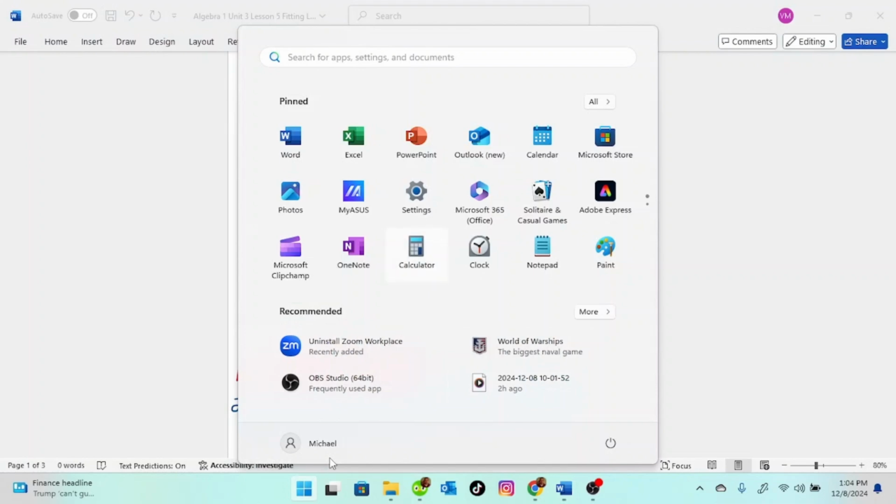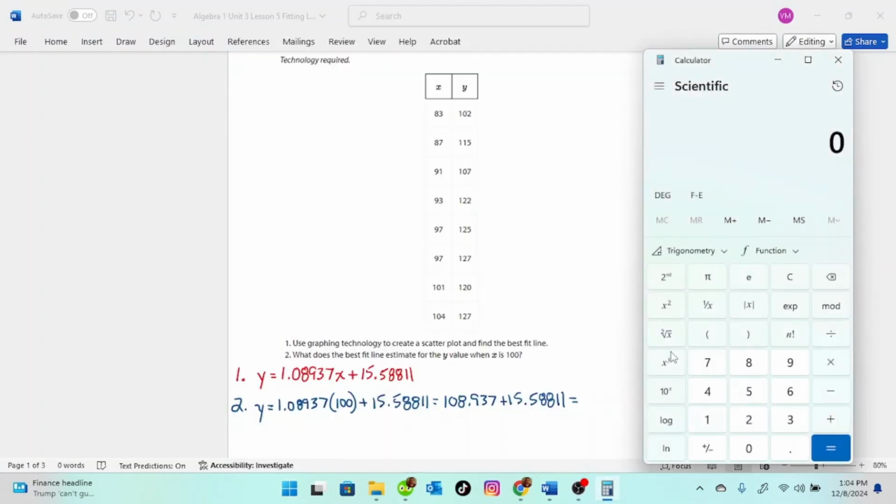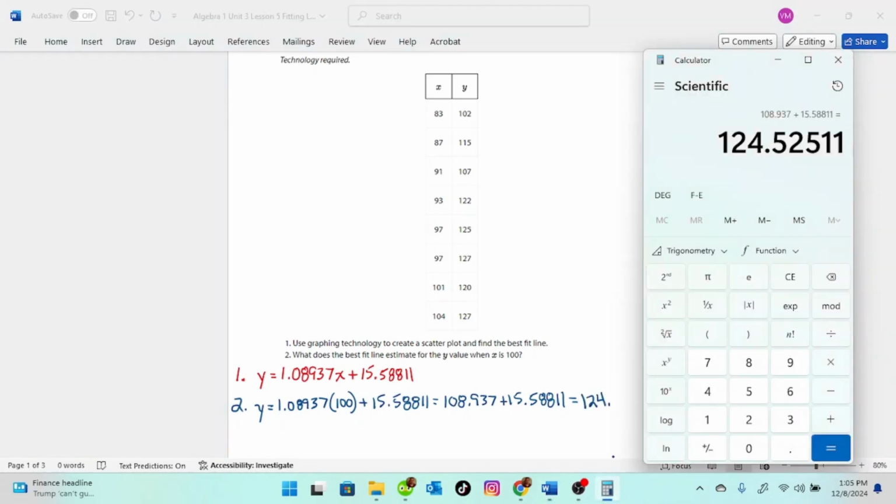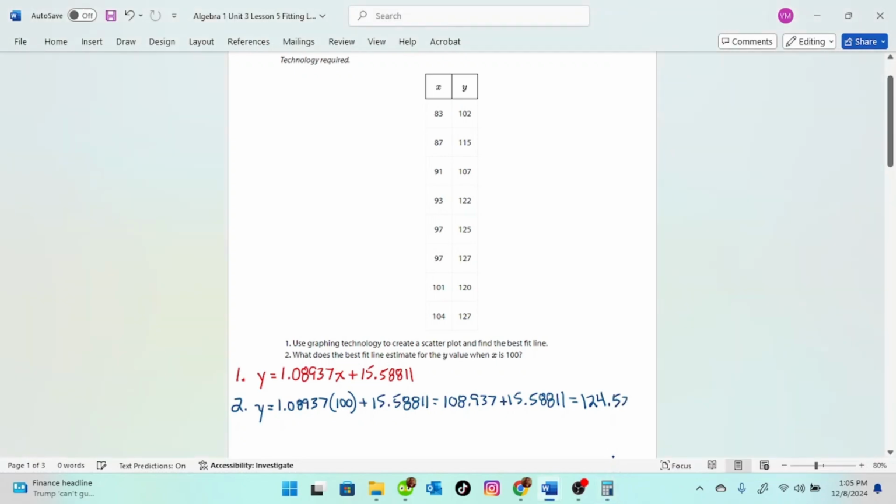Now we can add these together. 108.937 plus 15.58811. And I'm going to go ahead and round this. We'll say 124.52511.